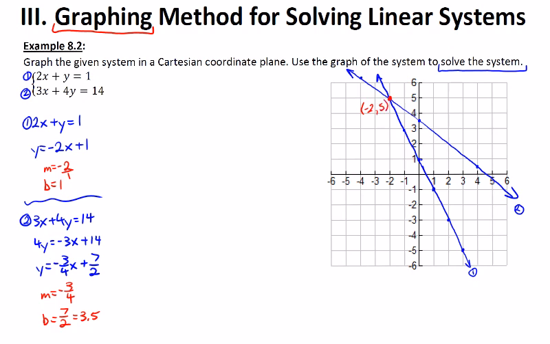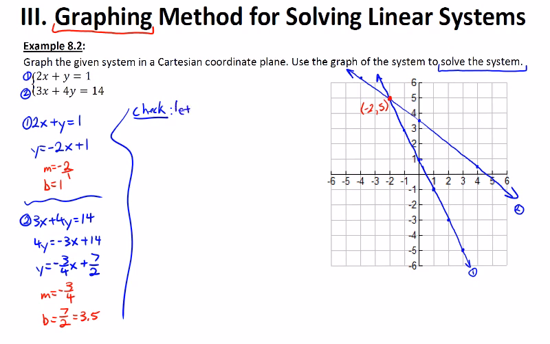To verify this, I'm going to do what we did in example 8.1, where we would just take the ordered pair and plug it into the different equations. So this is going to be a check step. We're going to check to see how this ordered pair works with the different equations.